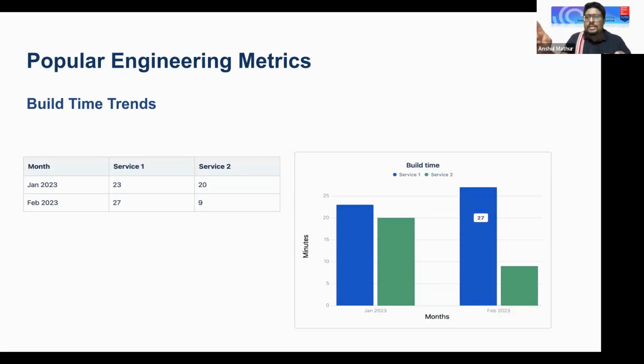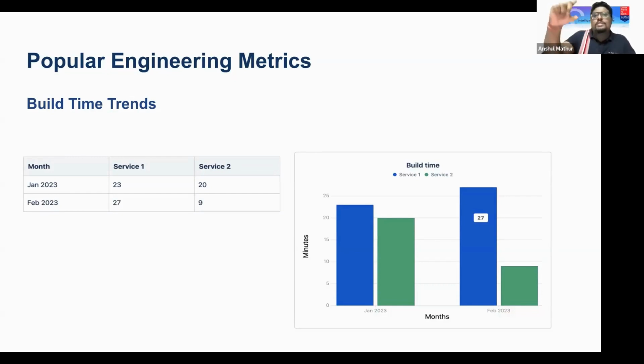However, you need to make sure that this time doesn't go beyond control, because you'll have situations where you need to deploy a hot fix and you just don't have time because you're losing customers or losing revenue. So you need to make sure that your microservice can be deployed at the maximum speed, which means your build time has to be always under control, right?